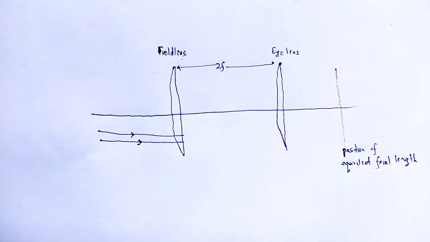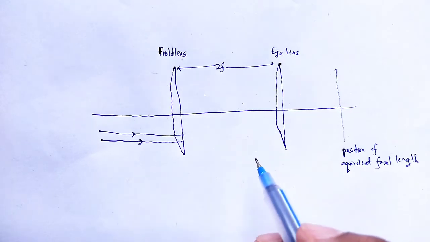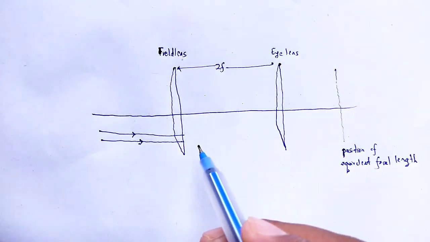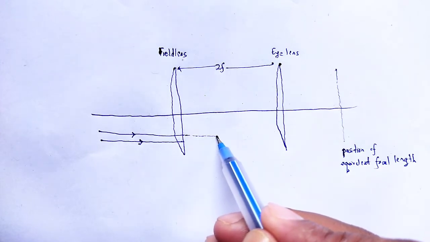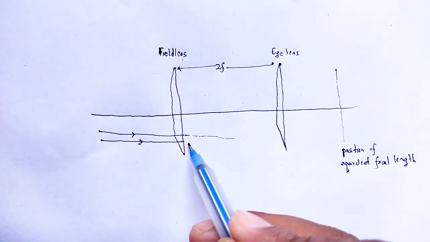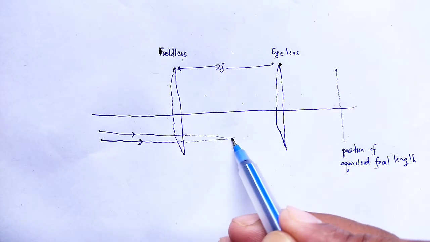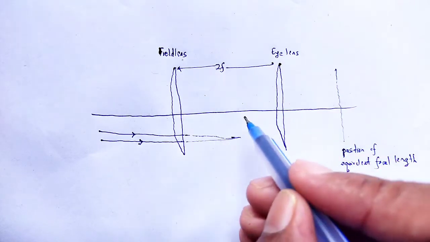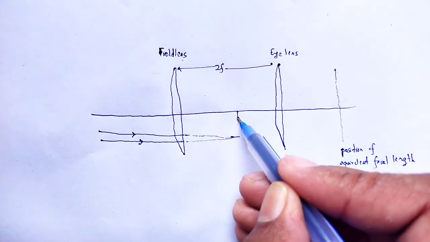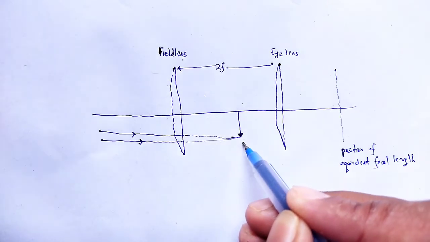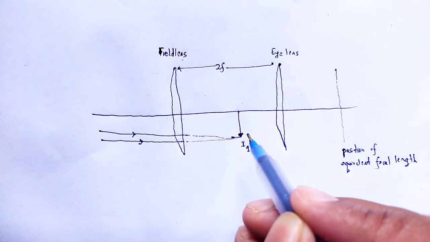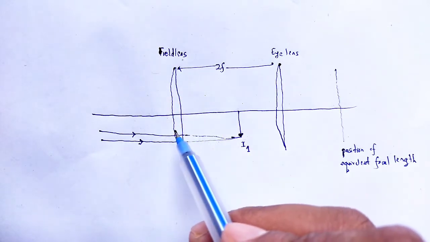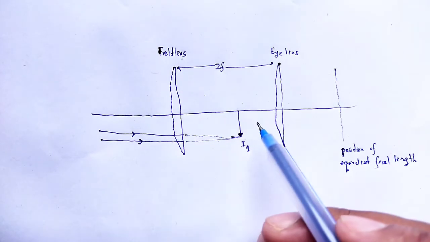Look here, that is the image I1, which is the object for the field lens.